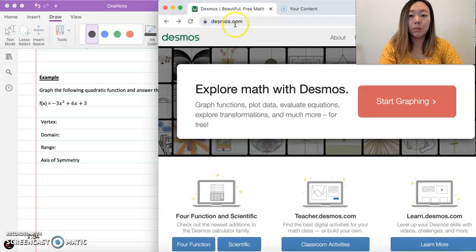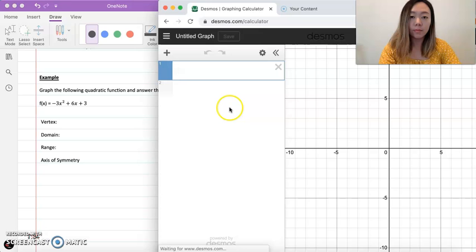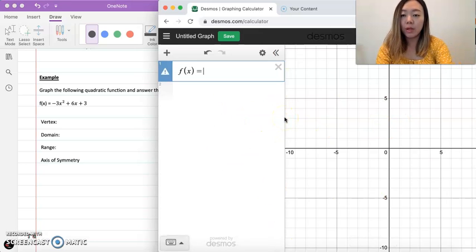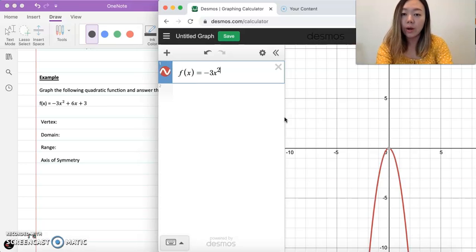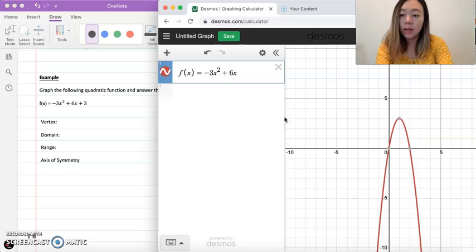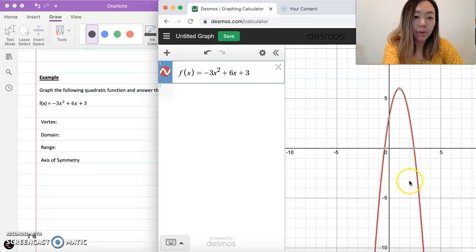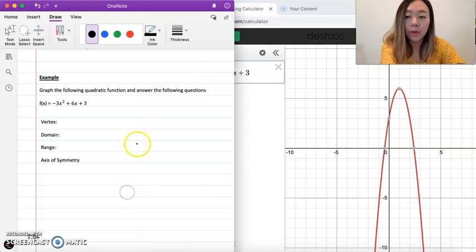So then you would go to desmos.com, click Start Graphing, and then once your graphing calculator pops up, go ahead and type in the equation. So f of x is equal to negative 3x squared plus 6x plus 3. And there we go, we have our graph. So let's go ahead and answer the following questions.